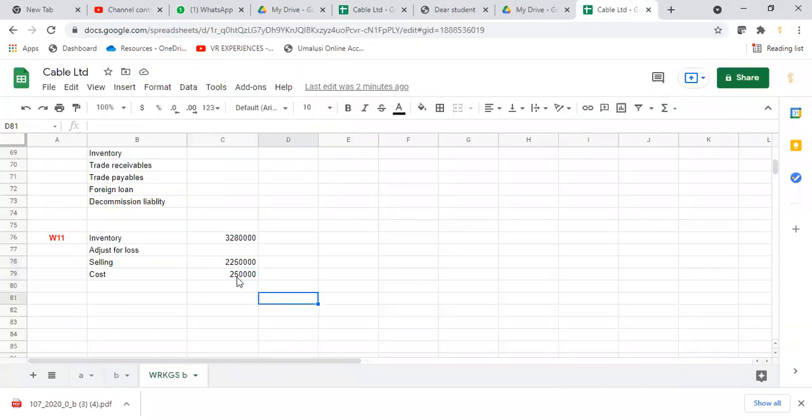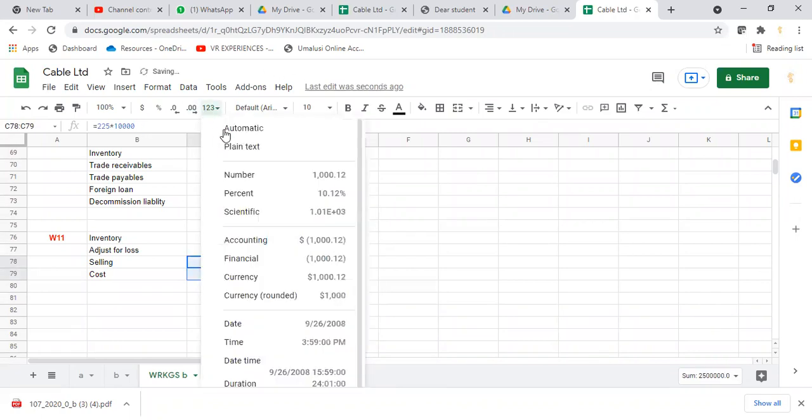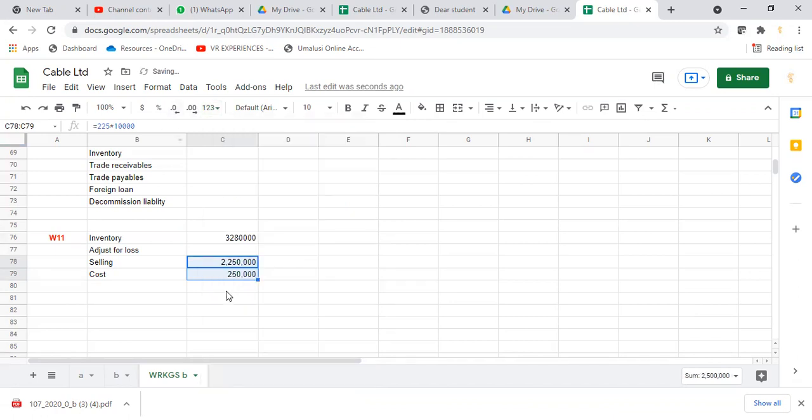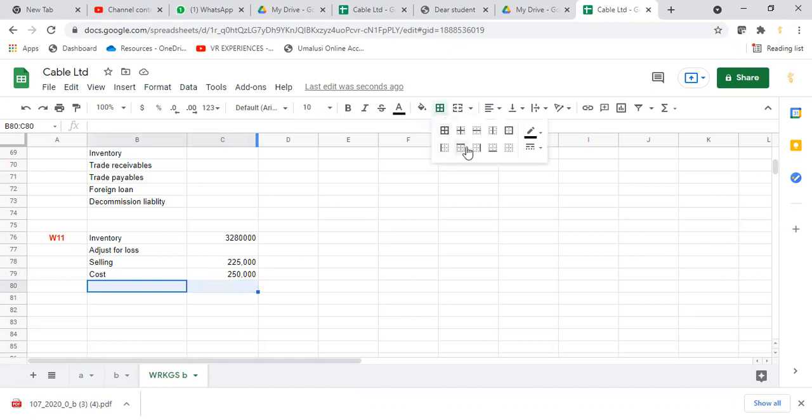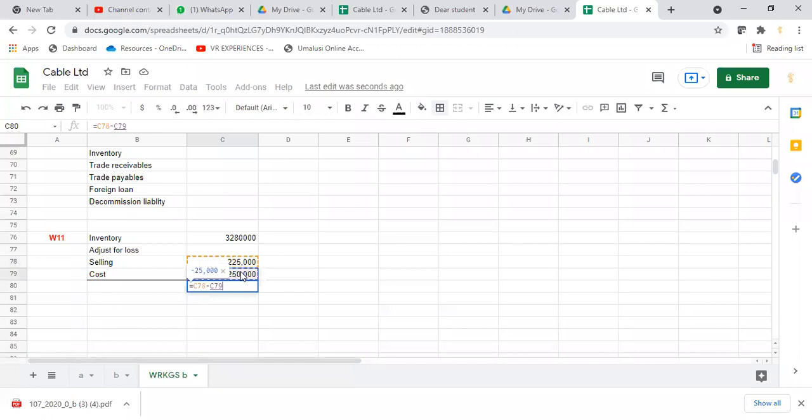So if we have a look over here, you can see what's happening. We're making a loss of 25,000 rand per month.